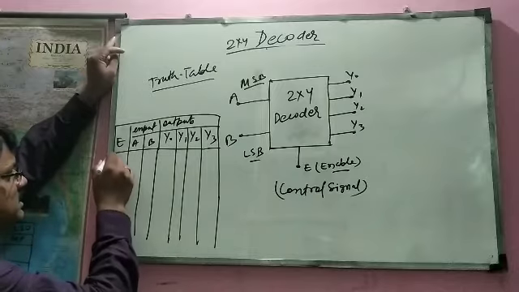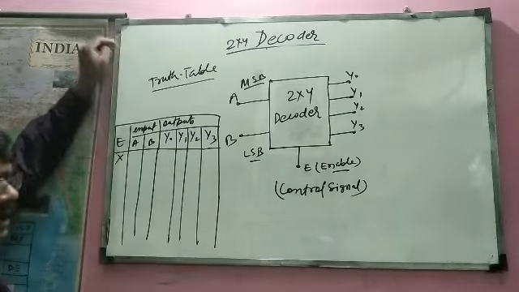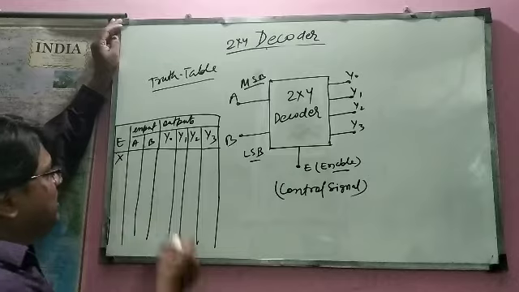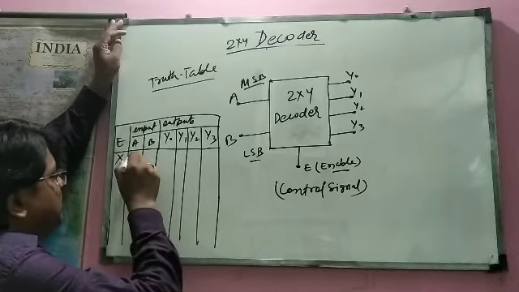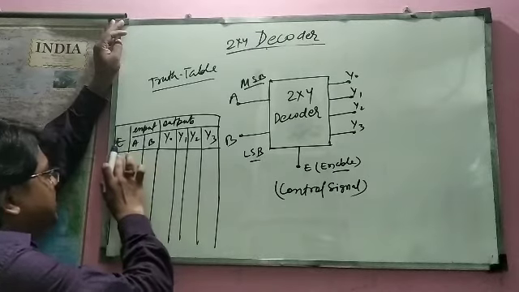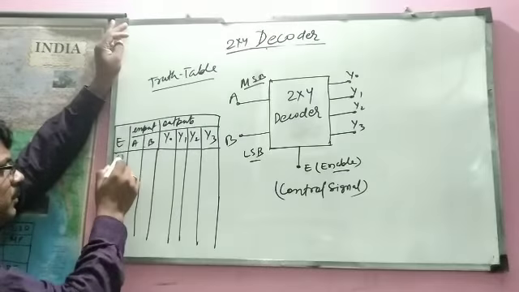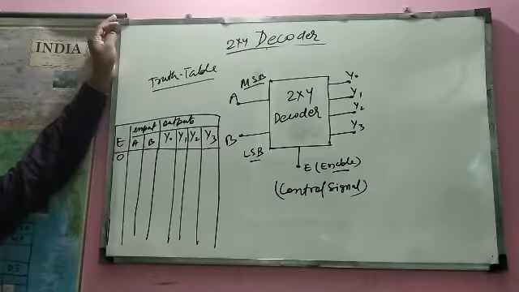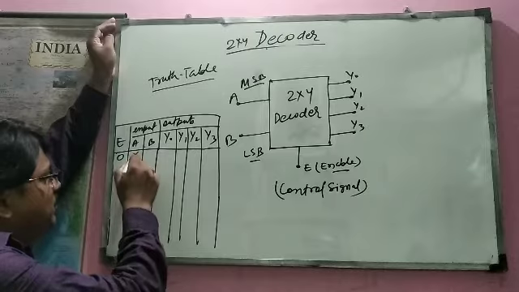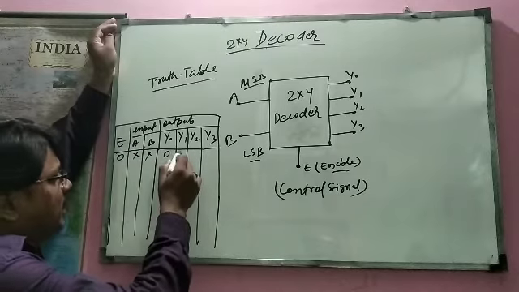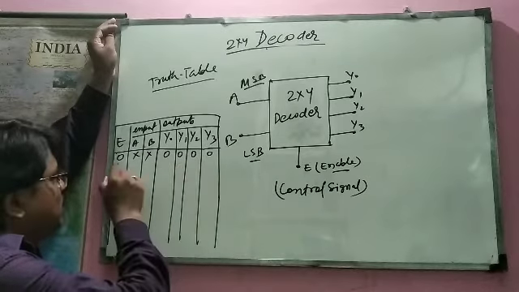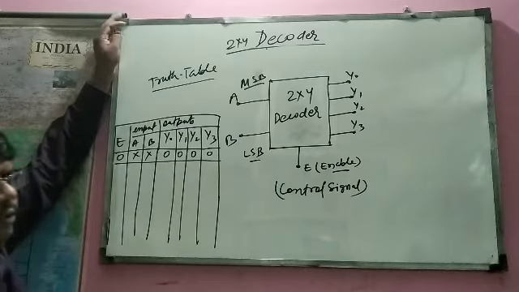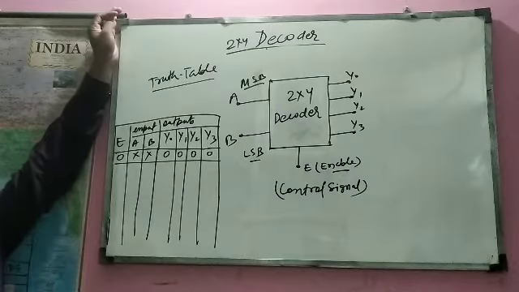So if enable is not selected, if this is 0, what value will you get here? You will not get any output. All will remain in the 0 state.